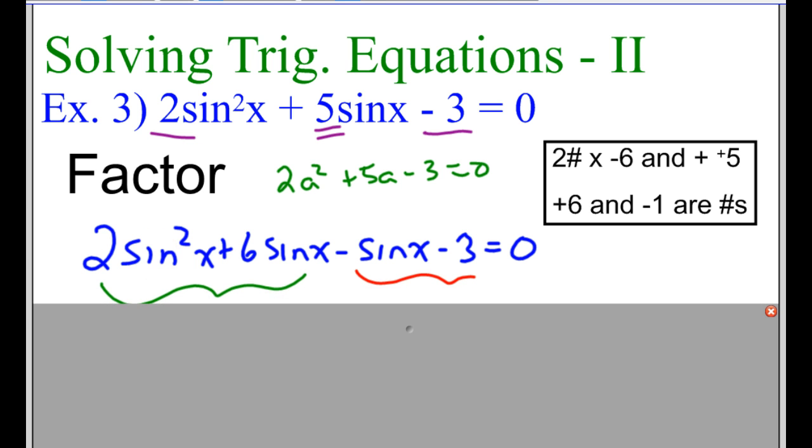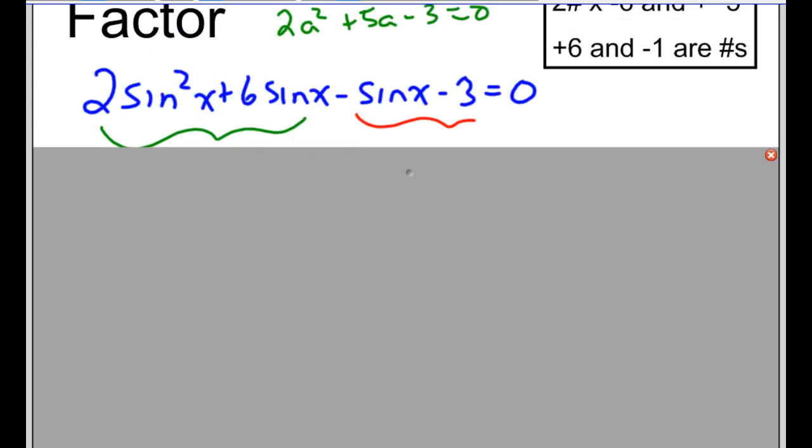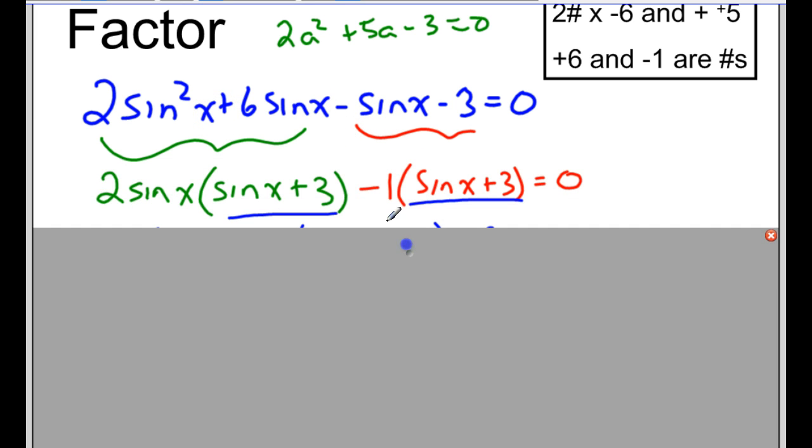And then I go through the process of splitting the middle term. So again, exactly the same solution as if this were an a or an x squared, an a squared, an x. So split the middle term into 6 sine x and minus 1 sine x. And then find the common factor between these two terms, which is the 2 sine x.